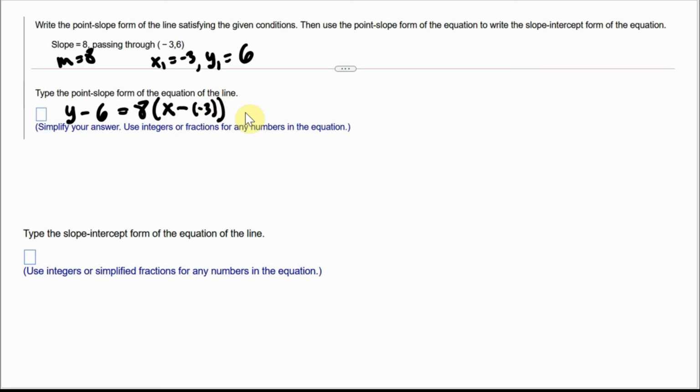And you can clean that up, that is to say, this is y minus 6. This is what you're going to put in my math lab, 8 times the expression x. That becomes plus 3, right? Okay. So you put that in my math lab.